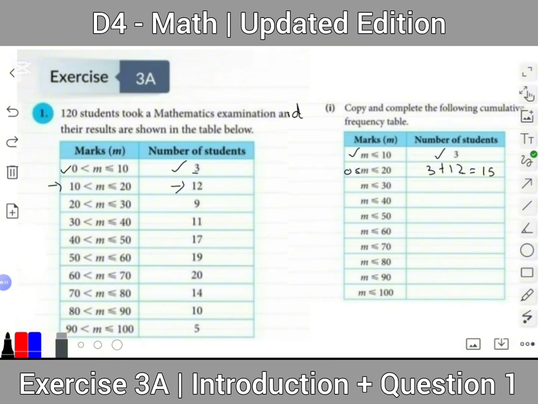Now if we move on to the third entry, we want to include this class interval from 20 to 30, but also both of the previous two class intervals. So if we are going to get all of those students, the marks must now go from 0 to 30.